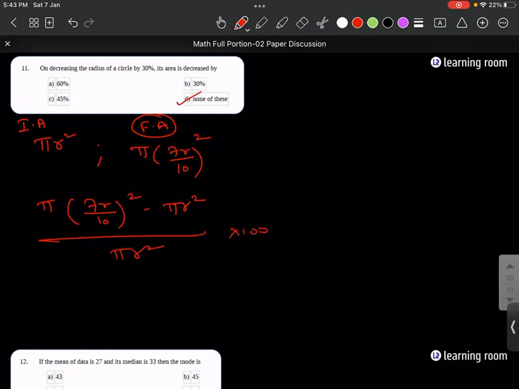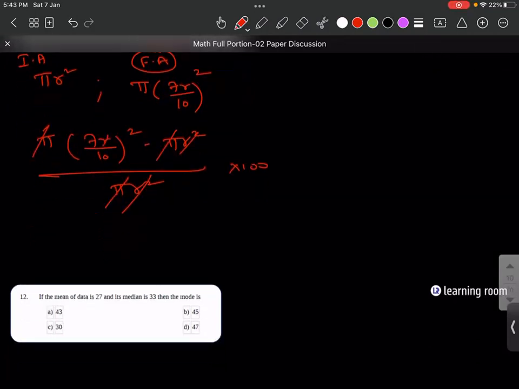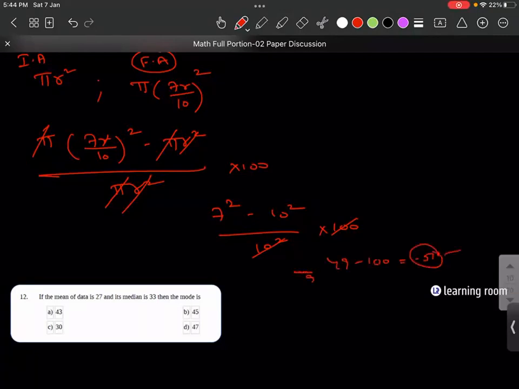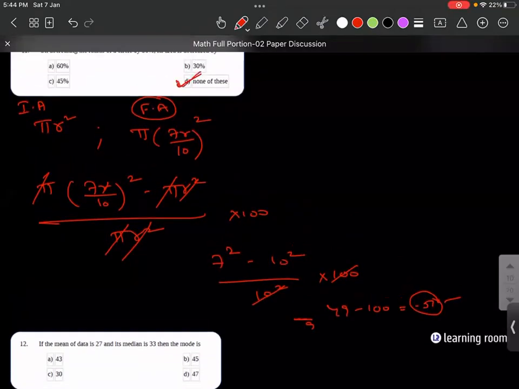Okay. Pi gets cancelled, r square gets cancelled. So you have 7 square minus 10 square divided by 10 square into 100. Cancel this and this. So 7 square is 49. 49 minus 100 will be minus 51. So answer should have been 51% decrease.